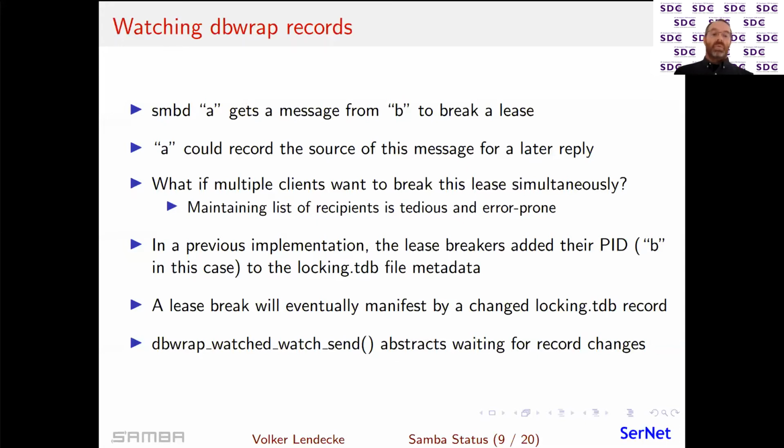And we abstracted away this, hey, let's add ourselves to the logging.tdb file metadata to watch for a record. So B asks A, hey, I want to get informed when the lease is broken.